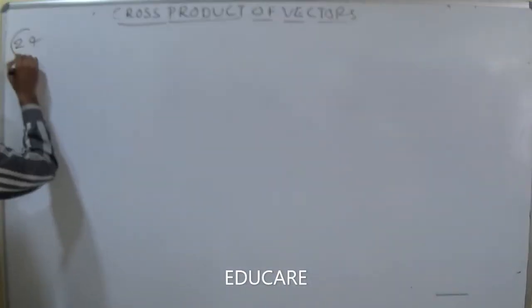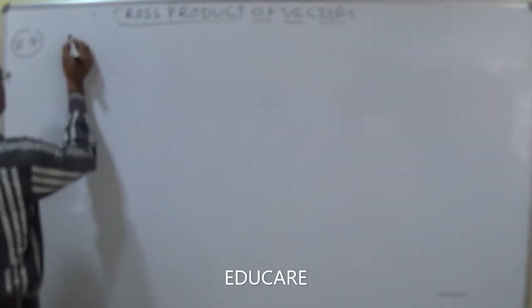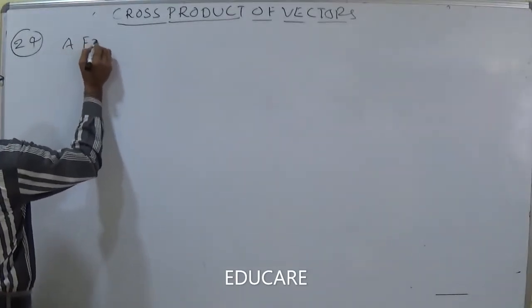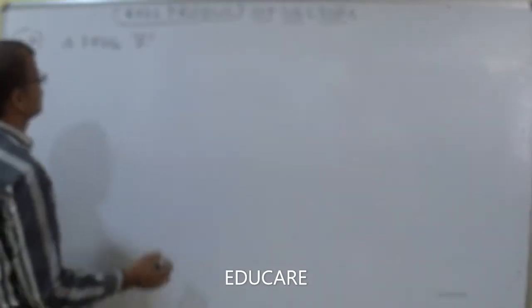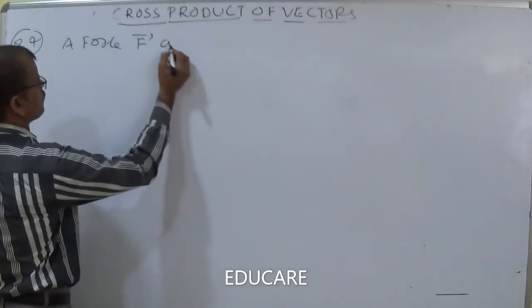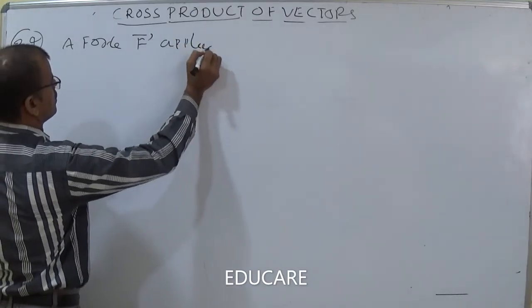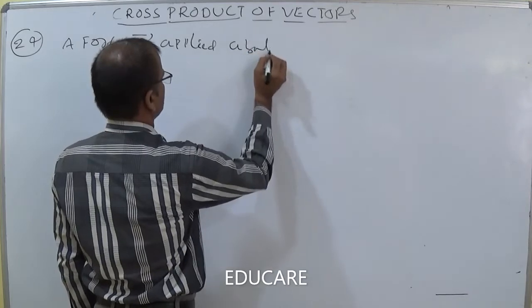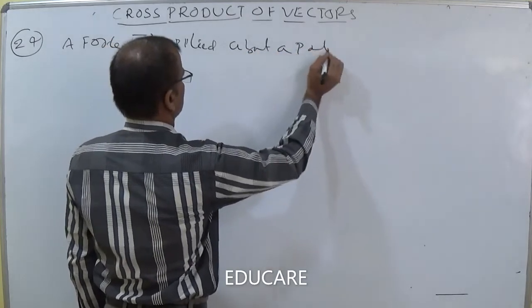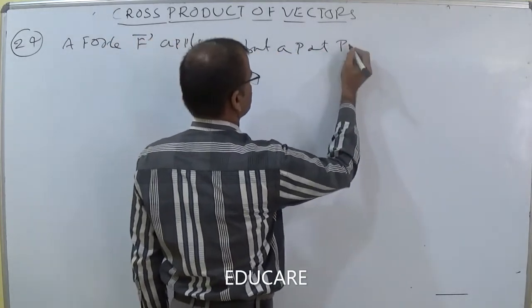This is the 24th point. A force with the letter indicated F bar. A force F applied about a point. A force applied about a point P.